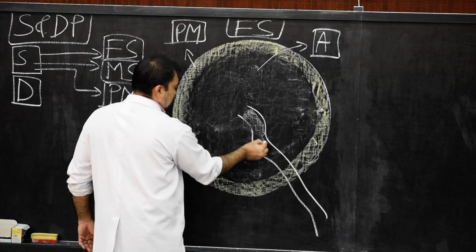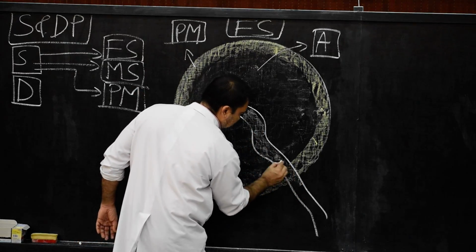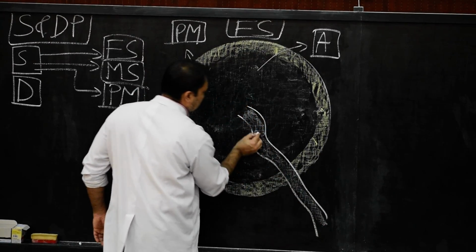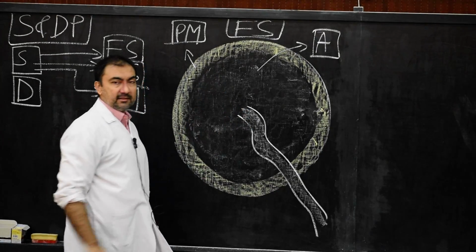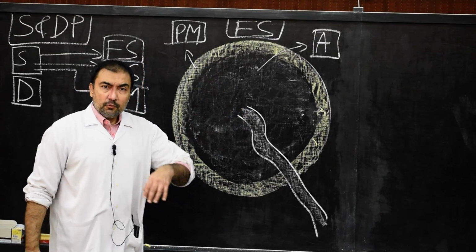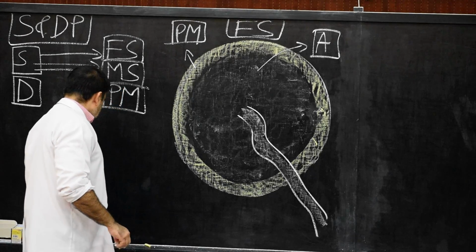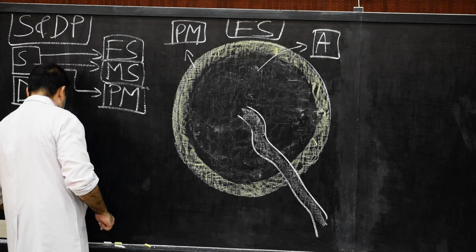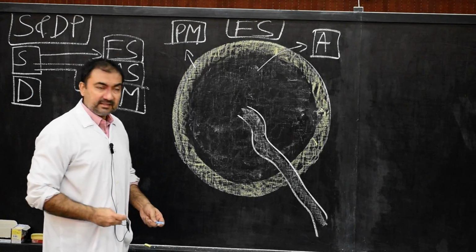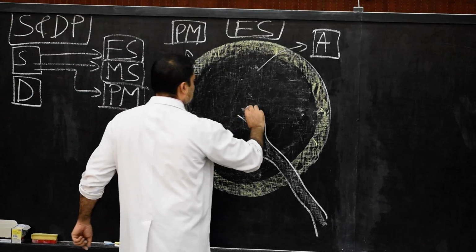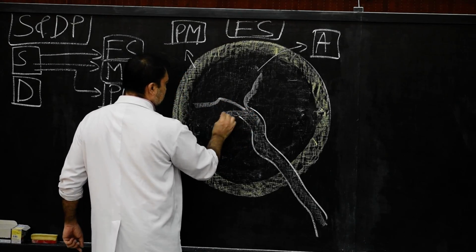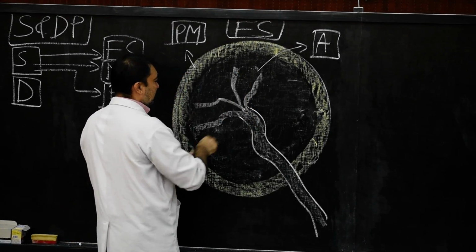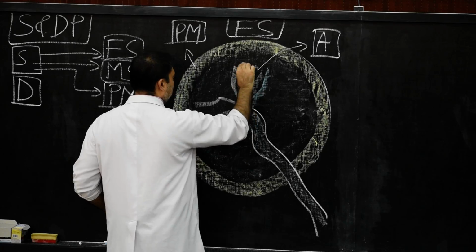Now, this is the entire umbilical cord which will be attached exactly in the center. What lies beneath the umbilical cord? Beneath the umbilical cord, we are going to draw the umbilical blood vessels. So these are the umbilical blood vessels.